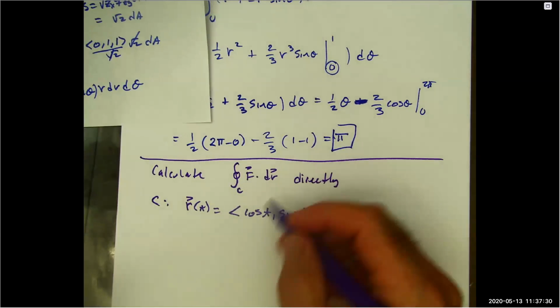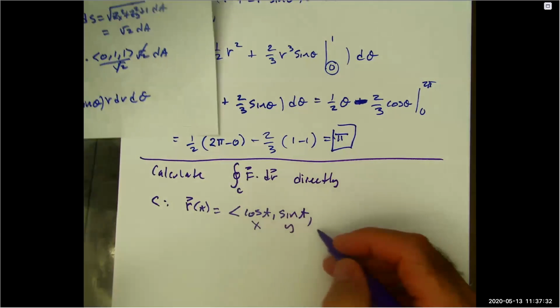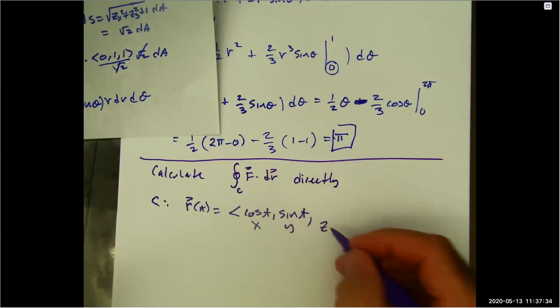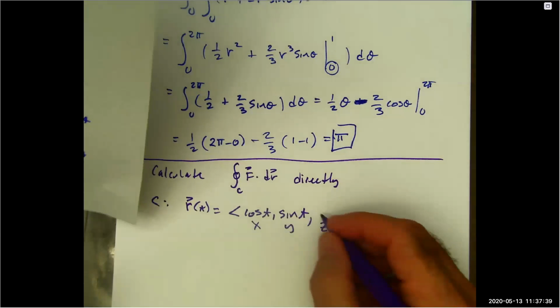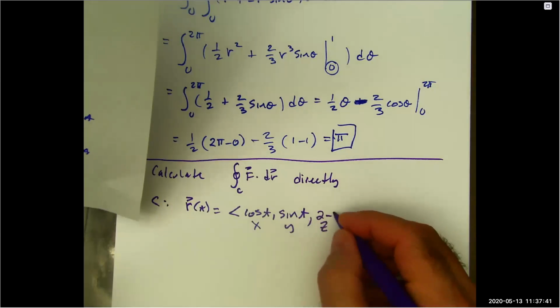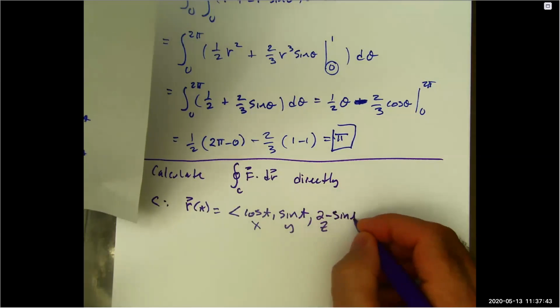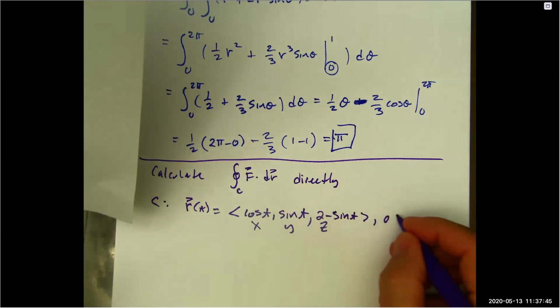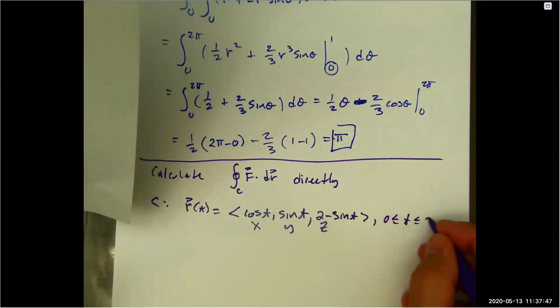So this is x, and this is y. And so what's the z going to be? Z is 2 minus sine t. Yeah, 2 minus sine t, thank you. And then we're going to have t going from 0 to 2 pi.